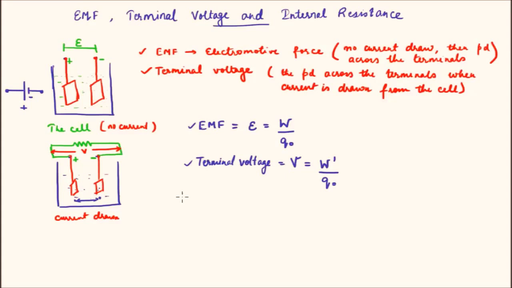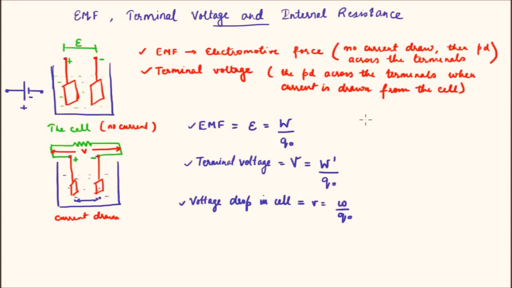And let's say the amount of work required to move the positive charge from here to here is small w, then my additional voltage drop inside the cell, the voltage drop in the cell is equal to, let's say, small v, and that can be small w upon Q naught, right? So this is my voltage drop within the electrolyte. This is my voltage drop outside across the terminals, and this is my total voltage drop.